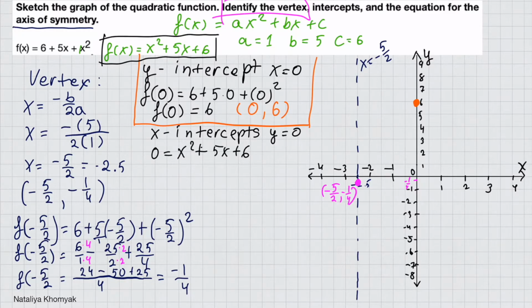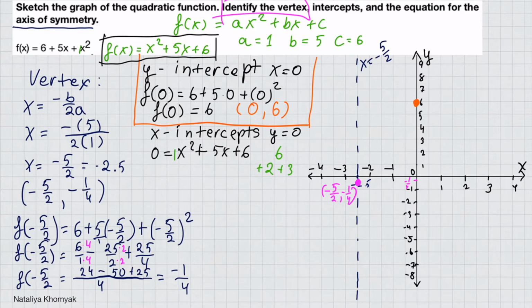You can always use the quadratic formula, but with small numbers that are easy to factor, it's much faster to use factoring. We need two factors of 6 that add up to 5. Well, 2 times 3 gives us 6. Positive 2 plus 3 gives us 5 as a sum.